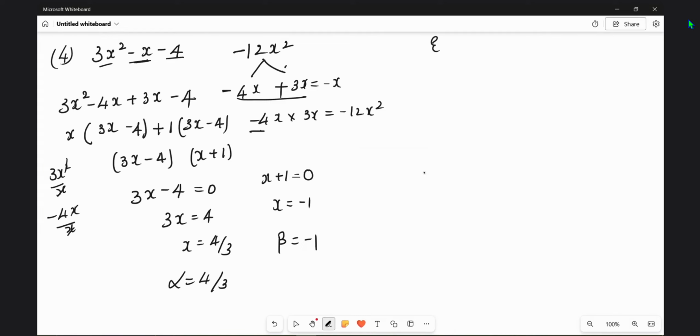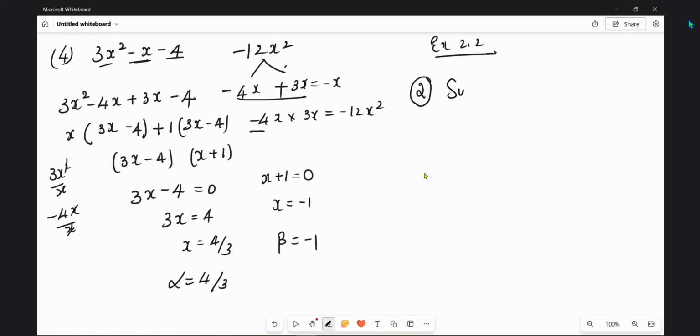So in this exercise 2.2, we have done all the problems here. We'll go for the second one in this. Find the quadratic polynomial each with the given numbers as the sum and the products of the zeros respectively. So they have given sum and the products of the zeros.